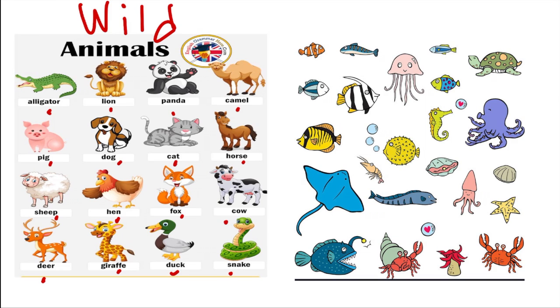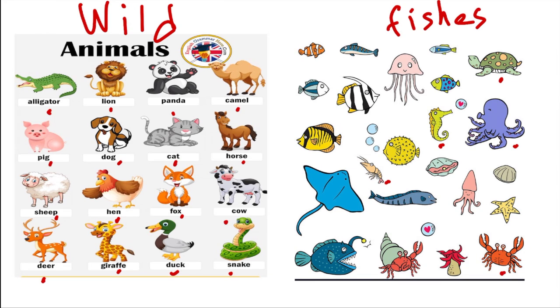And another one we have here, ocean or seawater animals like fish. Okay, fishes, like octopus, seahorse, turtle, and prawn.